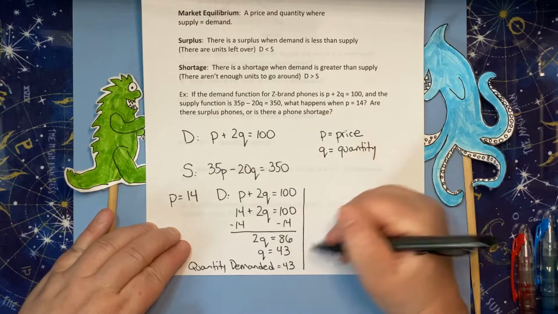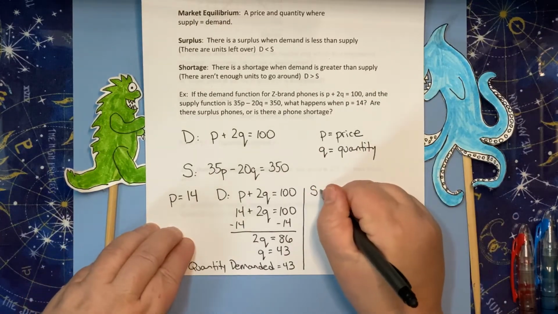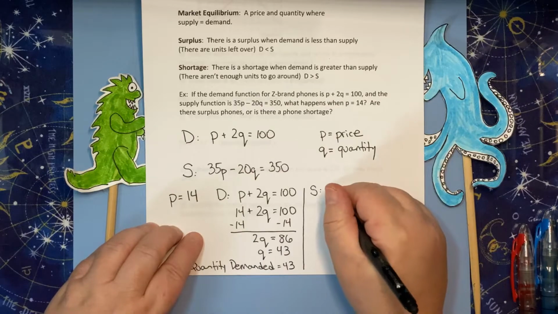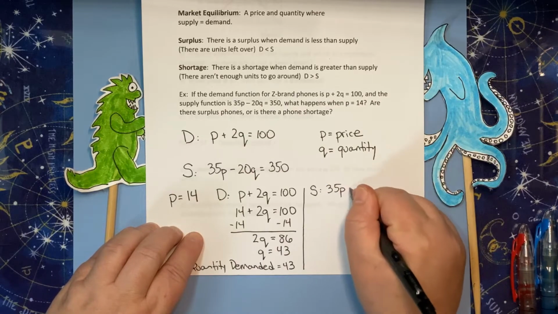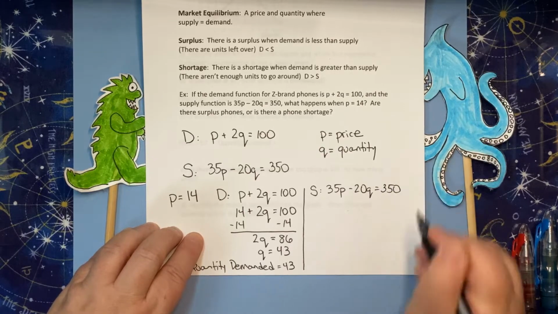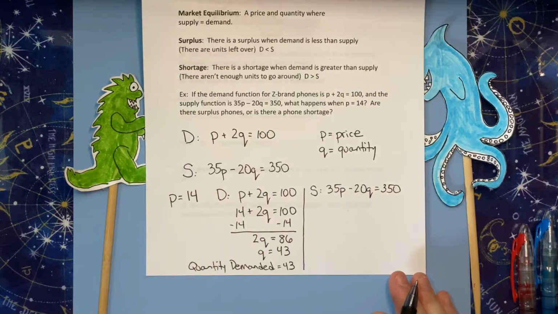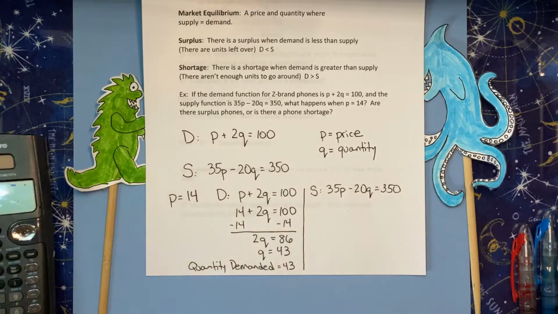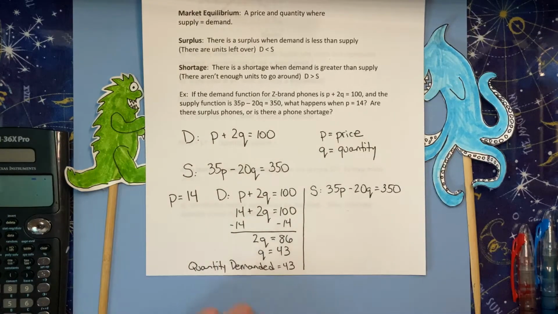Now let's look at the supply side of things. The supply equation is 35P minus 20Q equals 350. I'm going to need to get out a calculator for this one. Okay, my calculator's at the ready.